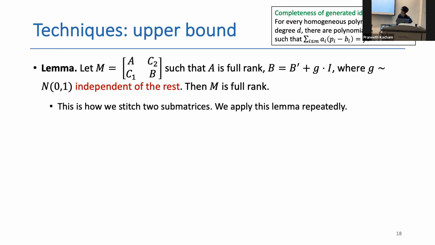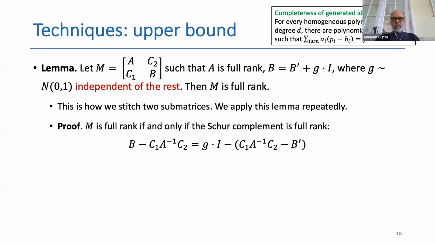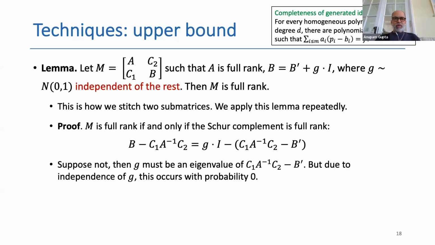Why? This is how we stitch things together. M is full rank if and only if the Schur complement is full rank. So this thing. But suppose it's not full rank, then that means this matrix is low rank, which means G has to be an eigenvalue of this.